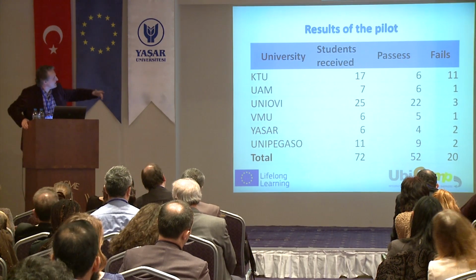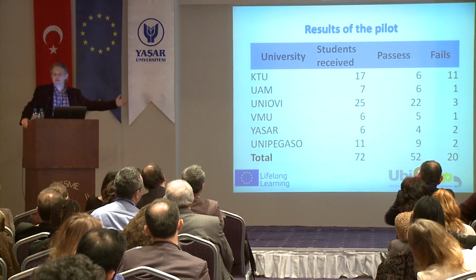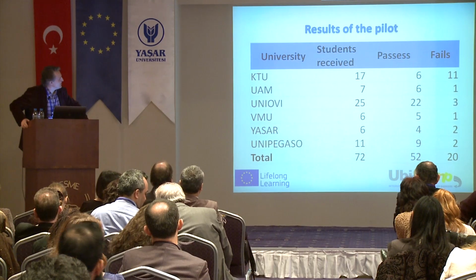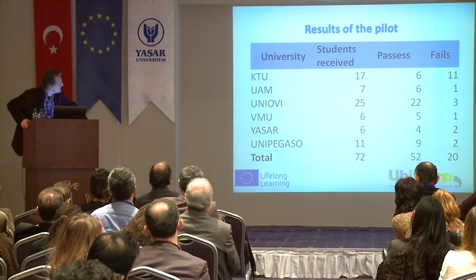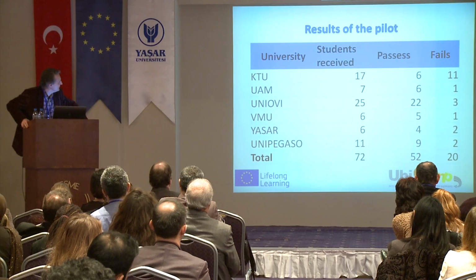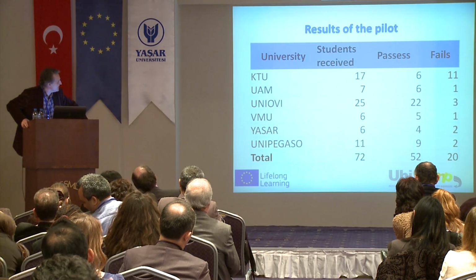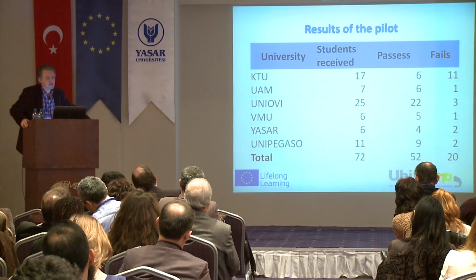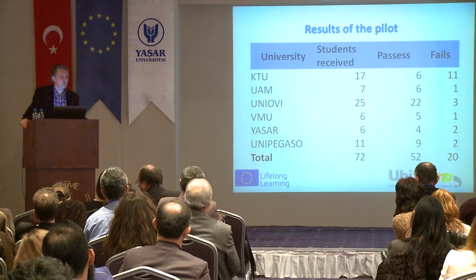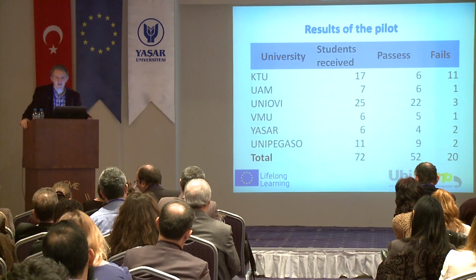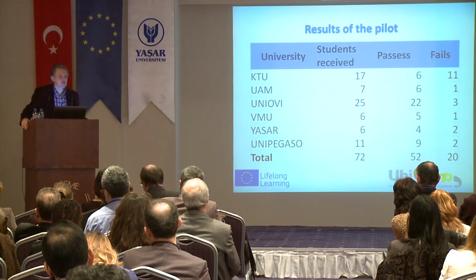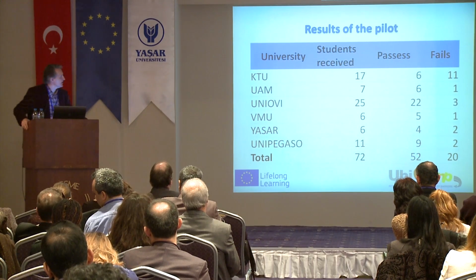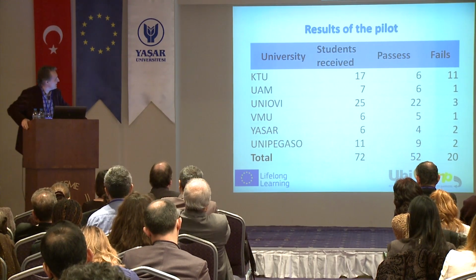As you see, from all these students, the result was that 6 students passed in CATU. And in the other universities, more or less, the results are very similar to the face-to-face courses. No big difference between the students that pass and the students that fail in our courses.